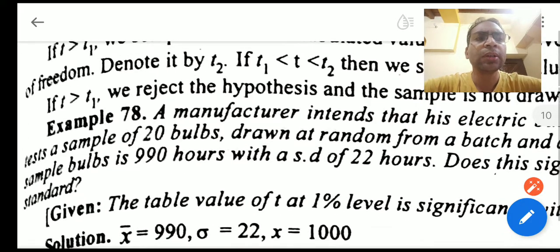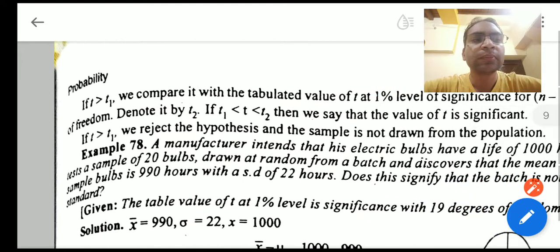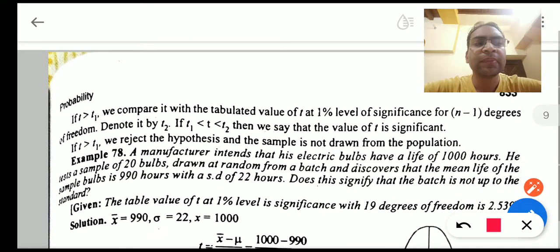Now let's first try to understand the question. If we understand the question, it will be easier to solve it. What are the values? A manufacturer intends that his electric bulbs have a life of 1000 hours, so this is the intended life of the bulbs. Now he took a sample of 20 bulbs, so the sample size is 20.